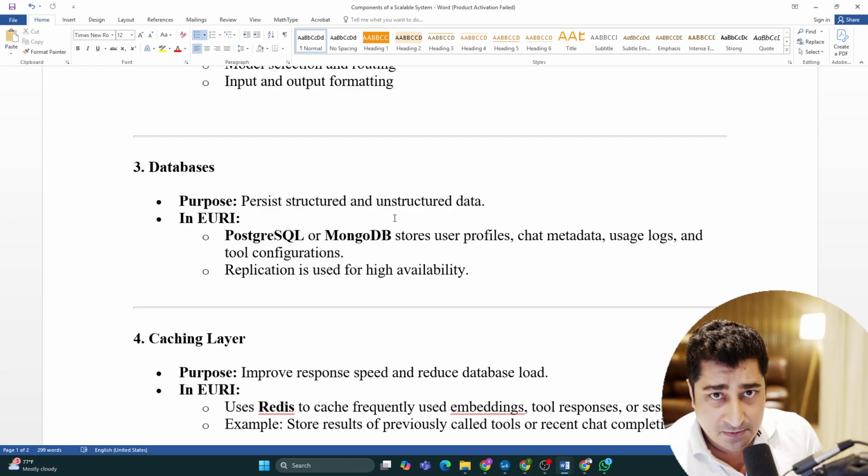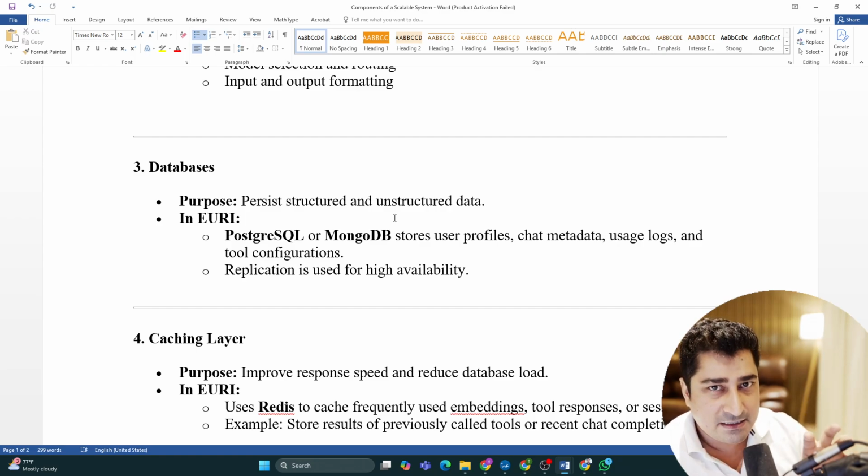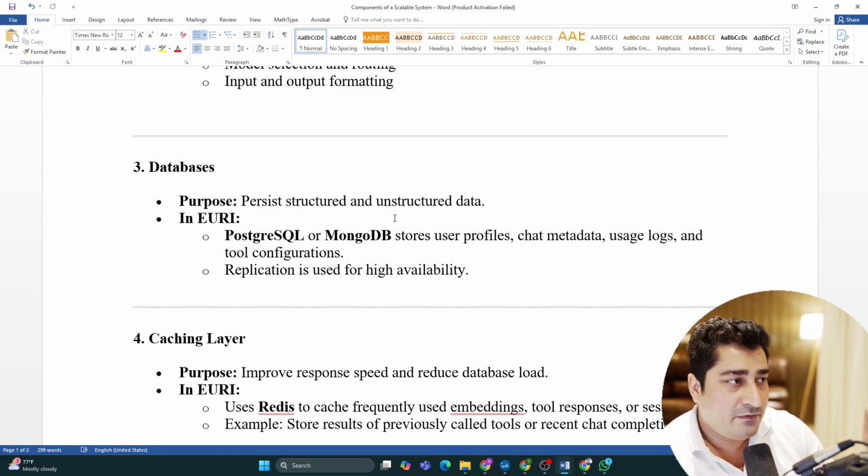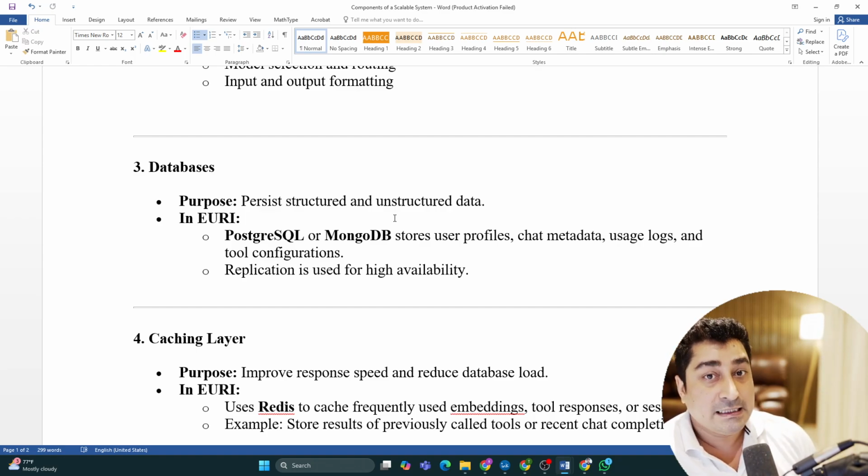Both of these solutions provide us replication of the same data in multiple different regions, in multiple different servers, so that it will be highly available. So even if one region goes down, data will be available in another region and it is going to respond from the other region.